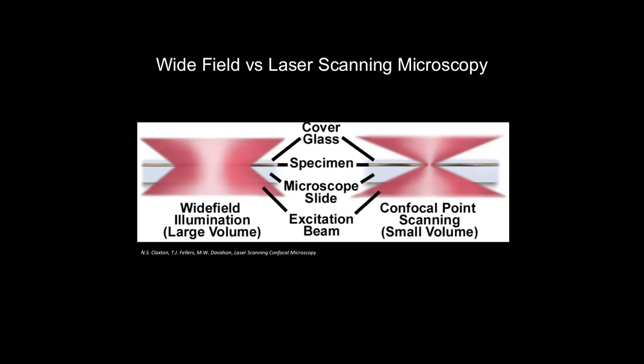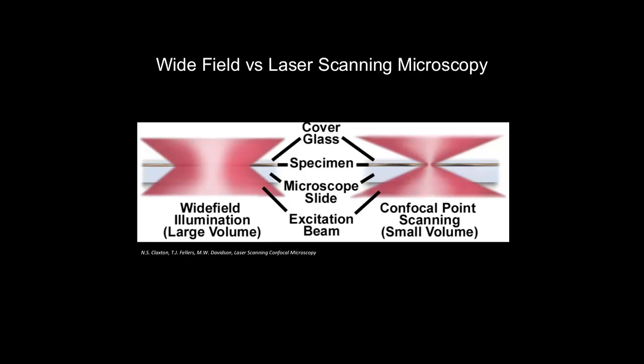Originally, when this technique was pioneered in the 50s, white light sources, broad source illumination, were proposed, but then it really took off when lasers were used as light sources, and that's because lasers are coherent sources. They are bright, they have low noise. We can focus them tight in the specimen.